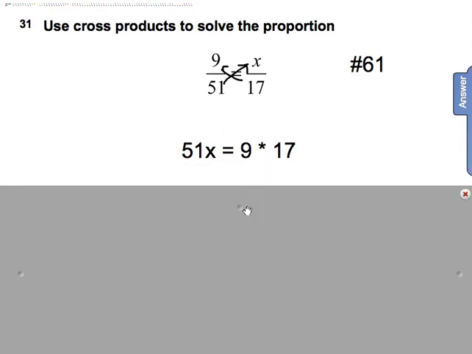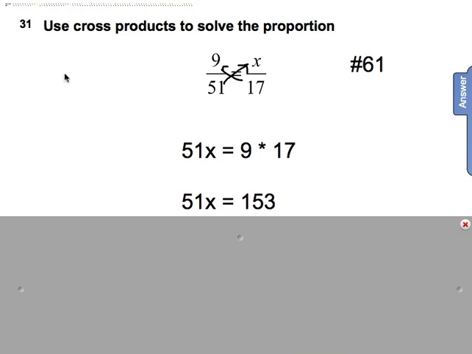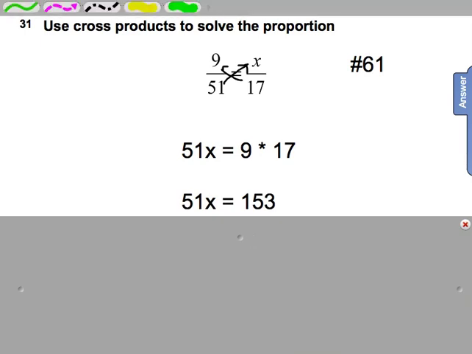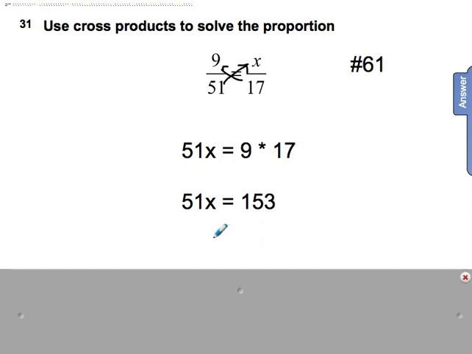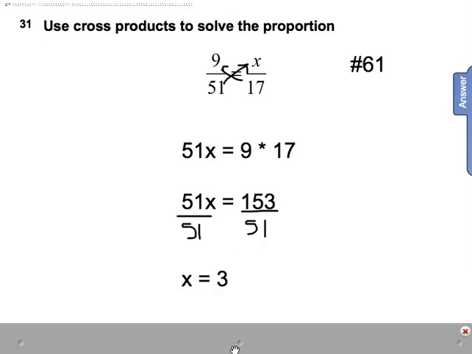I can simplify that to get 51x equals 153. And if I divide both sides by 51, I get x equals 3 as my final answer.